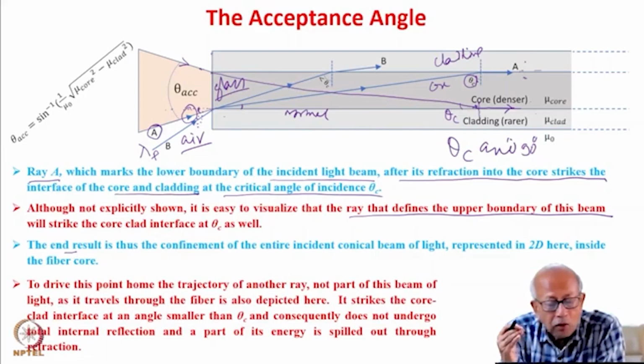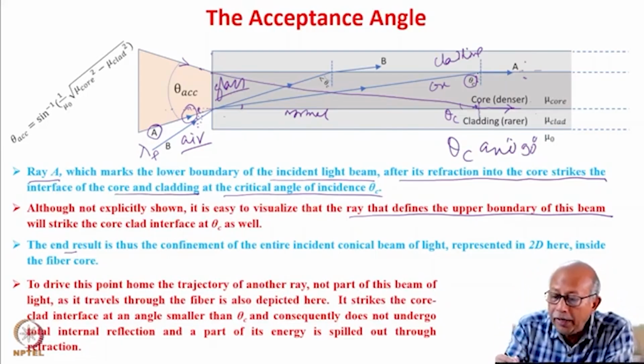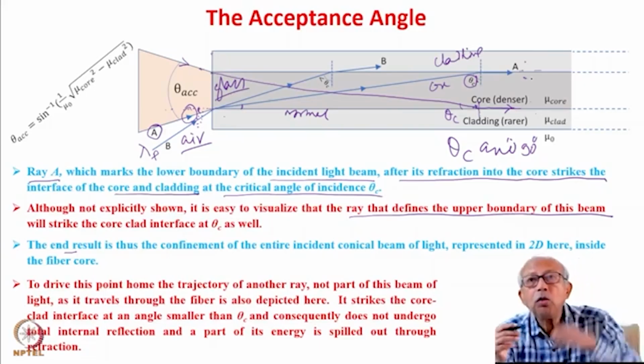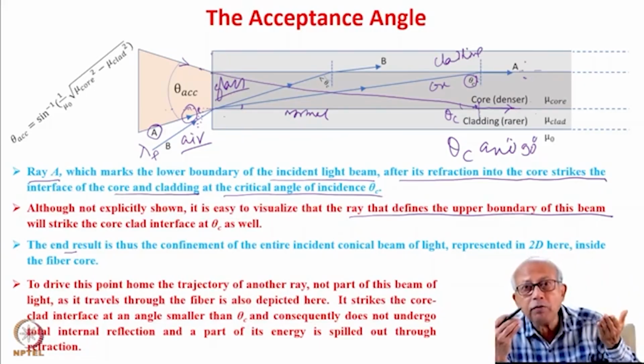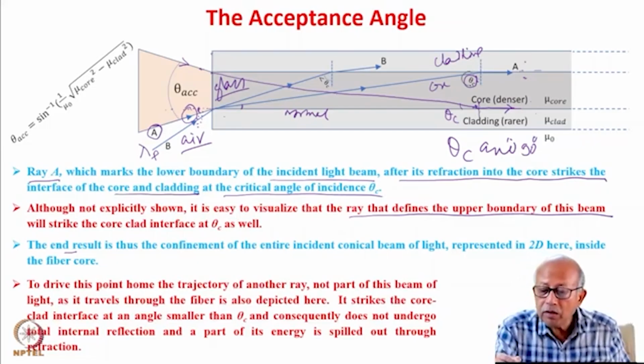That means all these rays will undergo total internal reflection because the angle of incidence for all of them will exceed the critical angle.